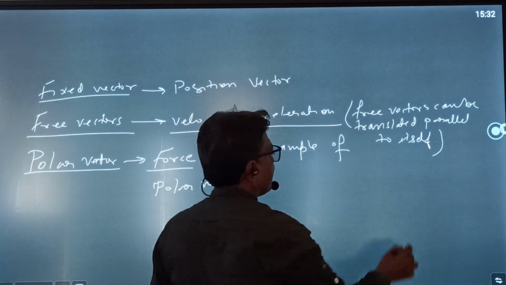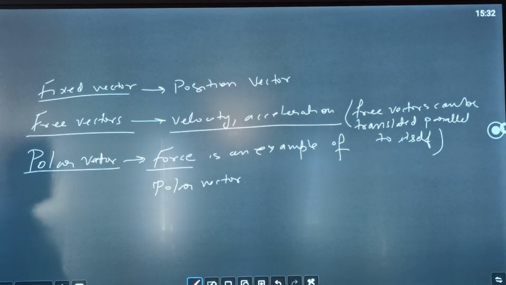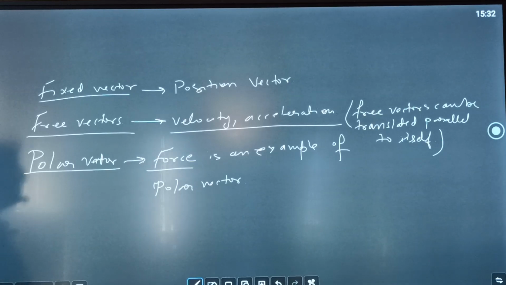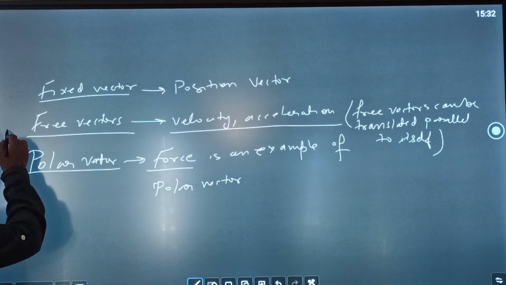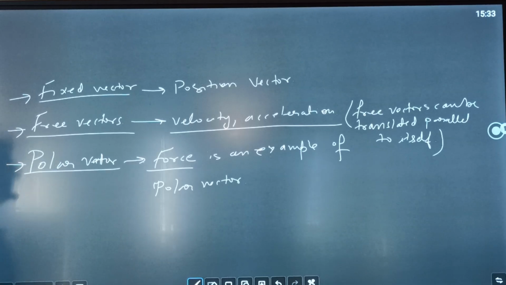So if we translate a vector parallel to itself and it makes no difference, it means it is free vector. But we need not go into so much detail because the mathematics of fixed vector and free vectors are same, so it makes no difference to us. So we will simply put free vectors in our mind.